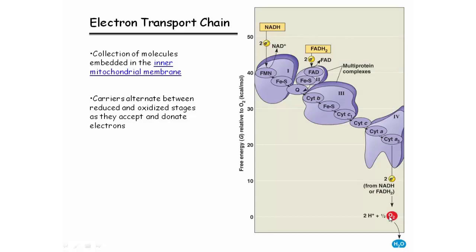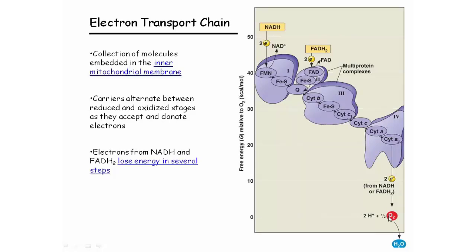If the electron transport chain shuts down, then we are unable to extract the energy from our electrons. And if we are unable to extract the energies from our electrons, then we will not be able to make very much ATP from our glucose that we started with. So very important that our electron transport chain continuously runs, and it's very important that we have oxygen gas there to make sure that that happens.